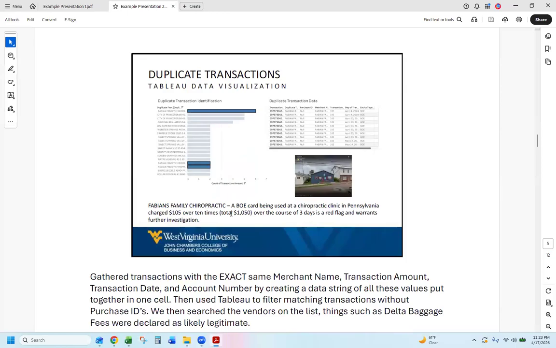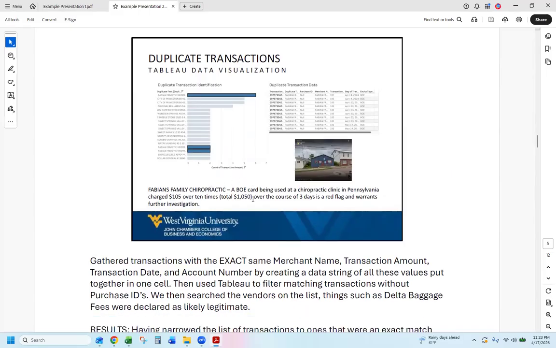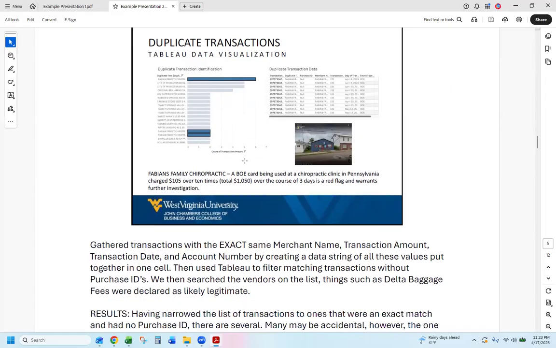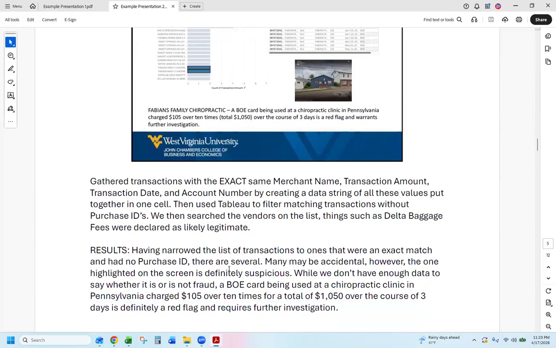Now this one was really interesting, and again, this is just someone looking at data and looking for trends. They found this chiropractic practice that had all these charges over the course of like 2 different days. Whenever they looked at it, it was a Board of Education card.